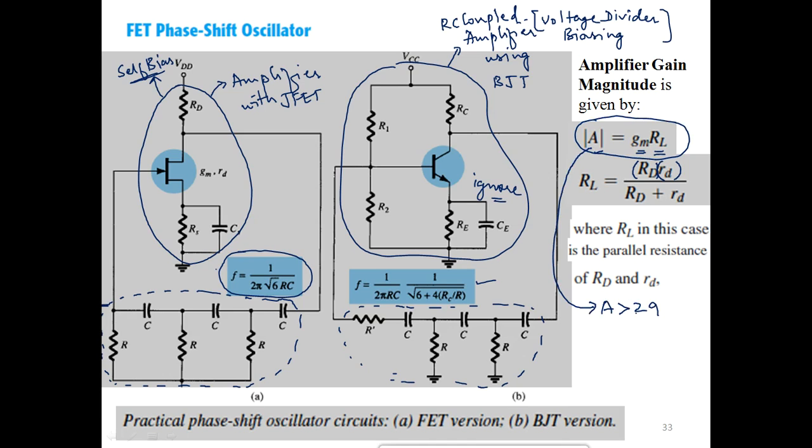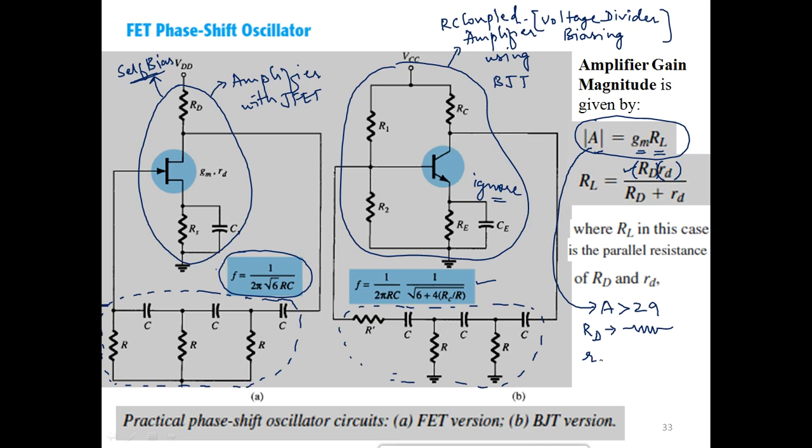To ensure that, see, RL is the combination of two parallel resistors. One is an external one. Please understand that RD is the drain resistance, and it's a passive external component, so we can select it, we can choose it.